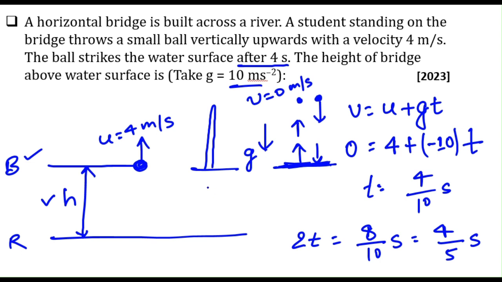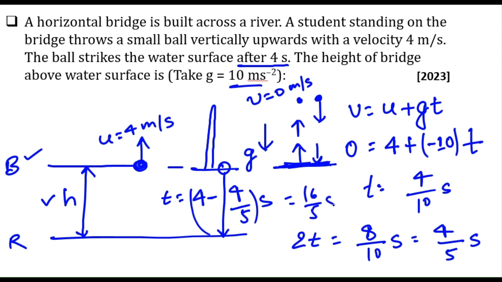Now, the total time duration is 4 seconds. So we can obtain the time taken by the ball from the bridge level to reach the water surface, which we can calculate easily: 4 minus 4 by 5 second, which will be 16 by 5 second. Now we have to mark this time, and let me remove these things.